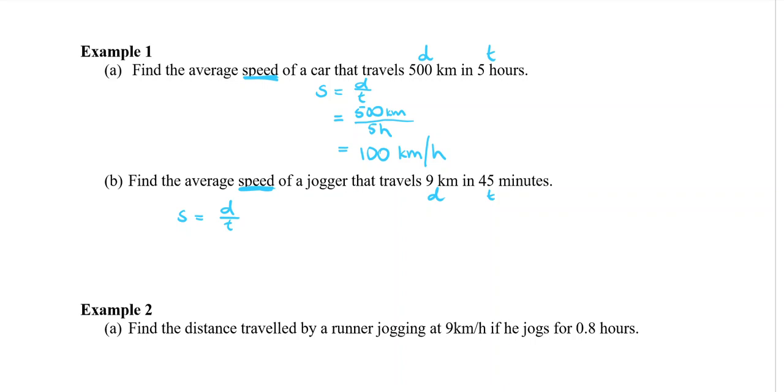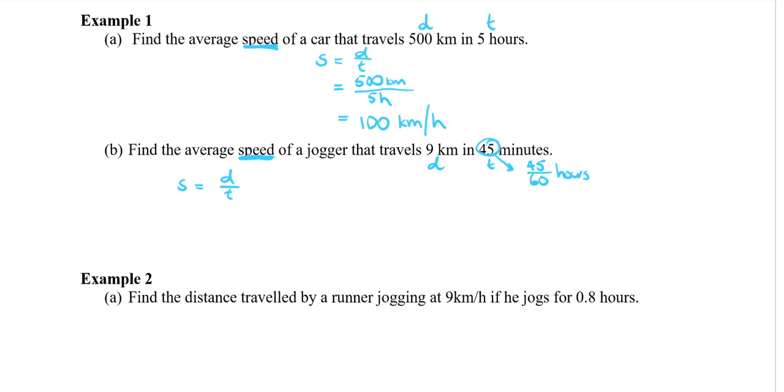We don't really do kilometers per minute. We would prefer to have kilometers per hour. So we would change the 45 minutes into hours by dividing it by 60. 45 divided by 60, that will now be in hours.